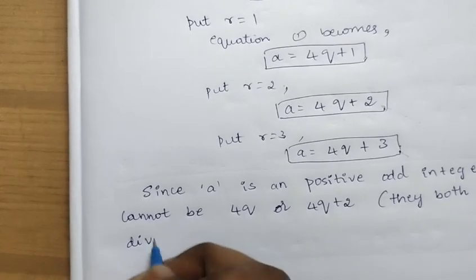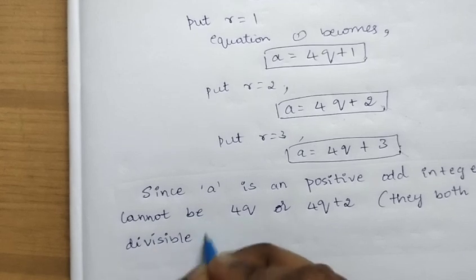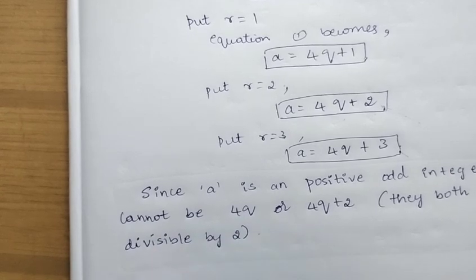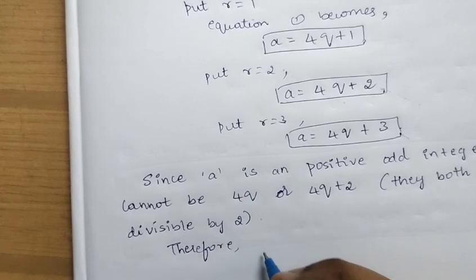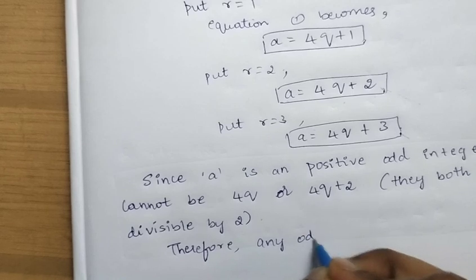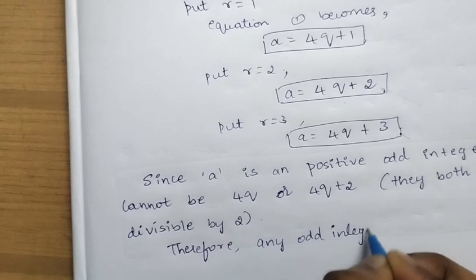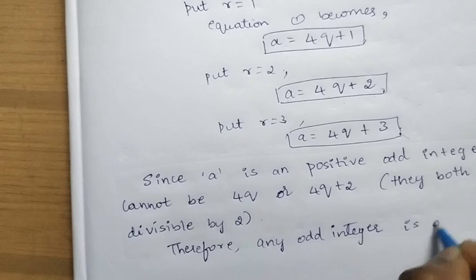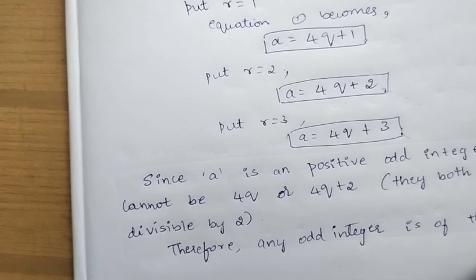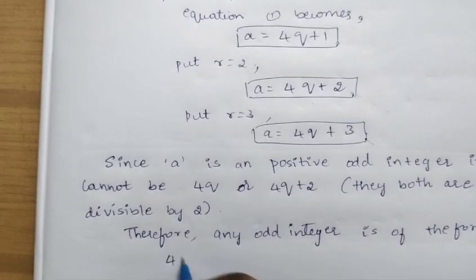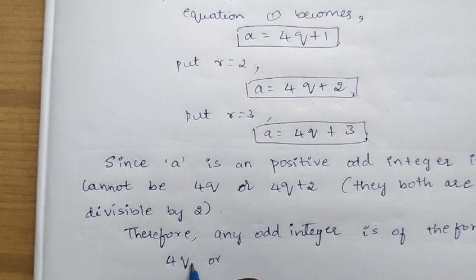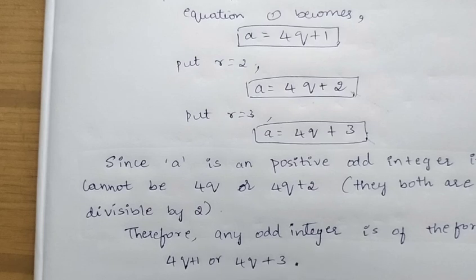Therefore, any odd integer is of the form 4q plus 1 or 4q plus 3. So this is the answer for the given question.